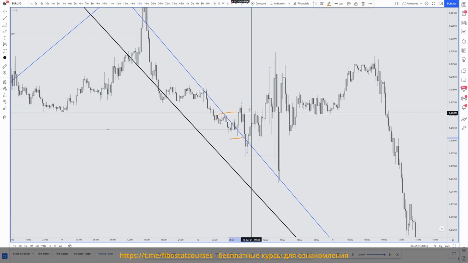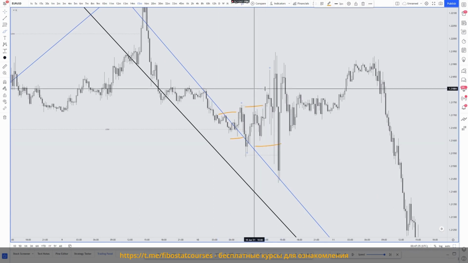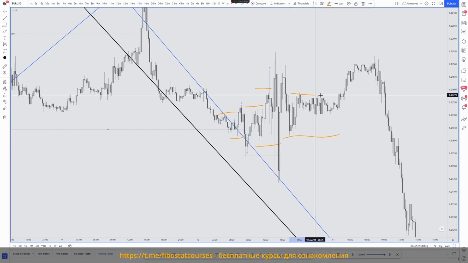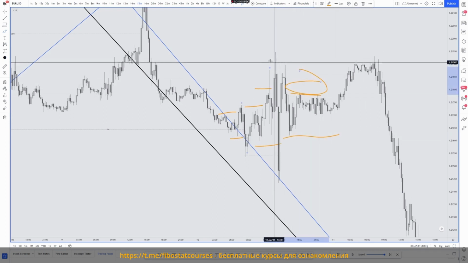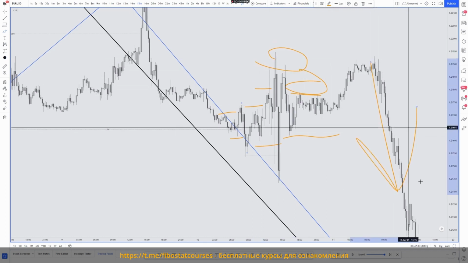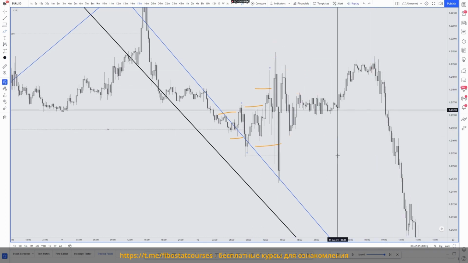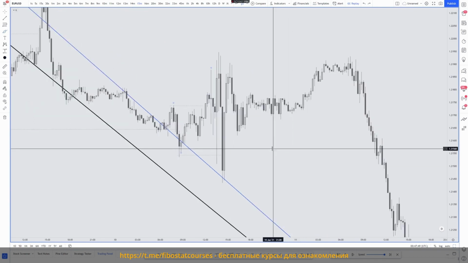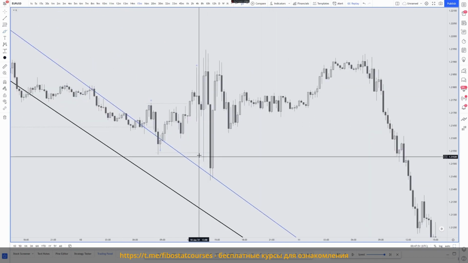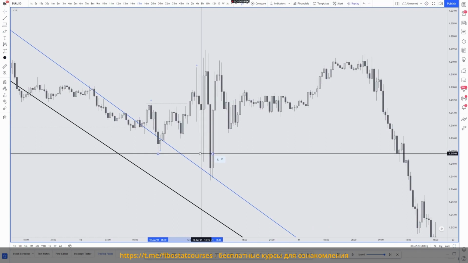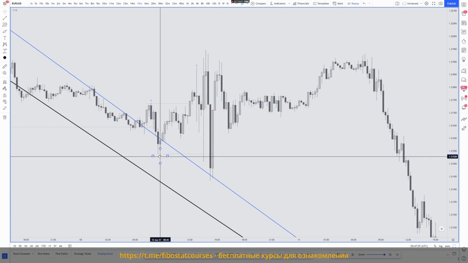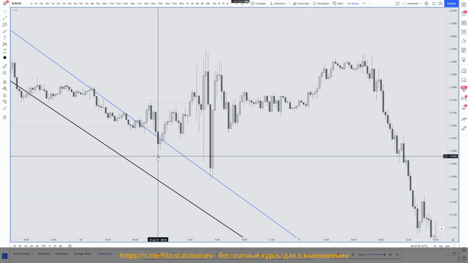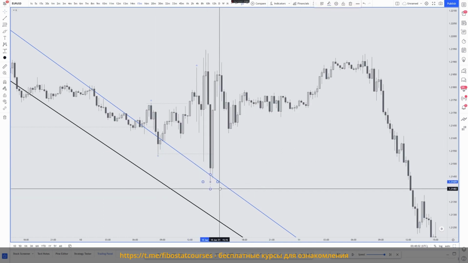Liquidity's wiped up, down, up, down, up, and you stack more liquidity here, stack liquidity here, you wipe all of this, and then the real move begins. This is a very common scenario. You'll notice it happen over and over again. It is a couple sections up ahead here where we talk about ranges and why they happen and what they are.